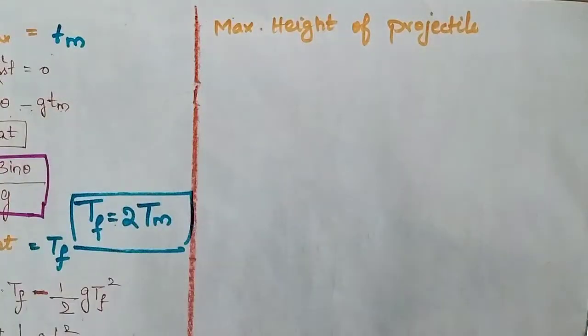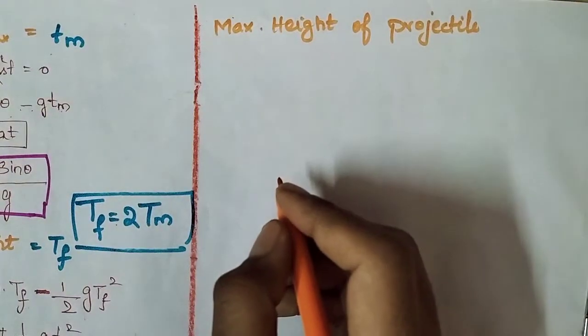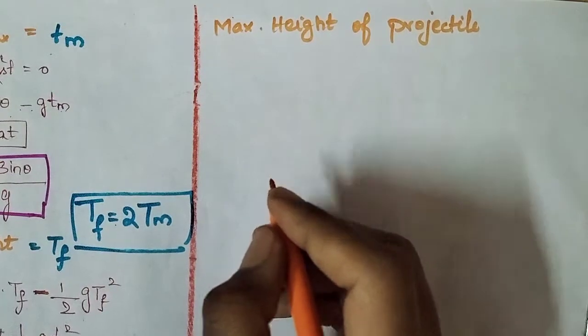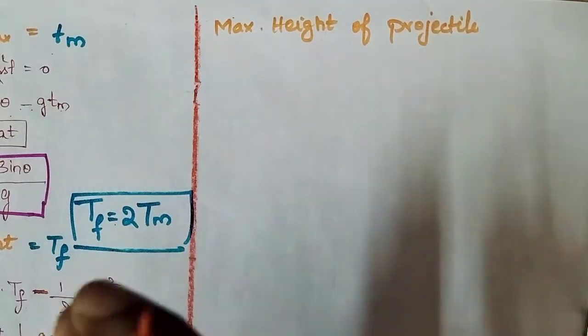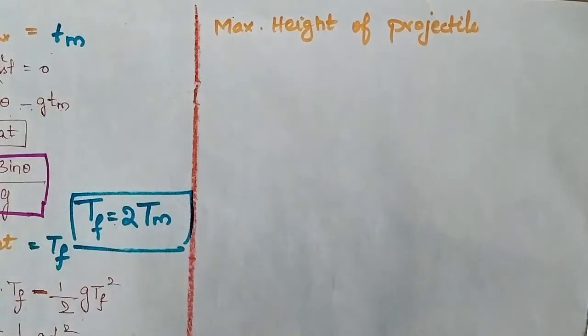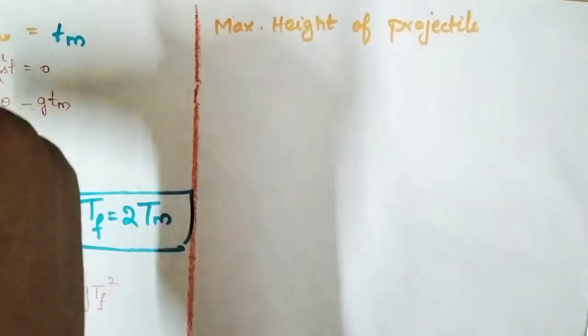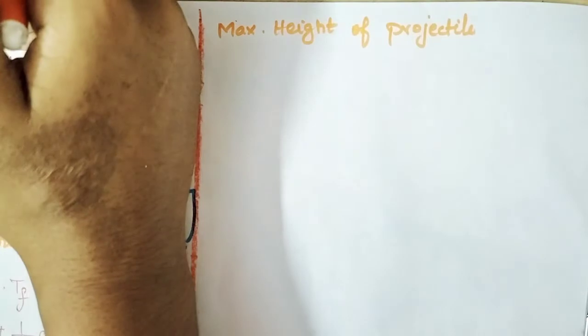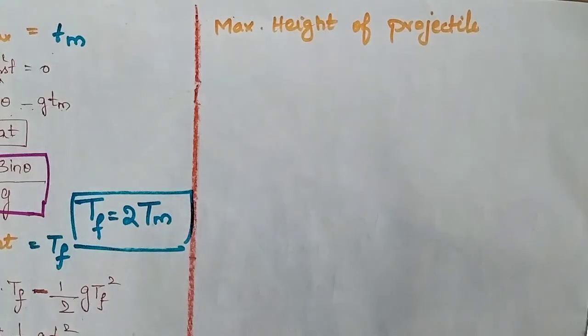At the maximum height, the vertical component of velocity is 0. We have seen in the trajectory of projectile, and the time of maximum height also, that at the maximum vertical distance the velocity is 0.